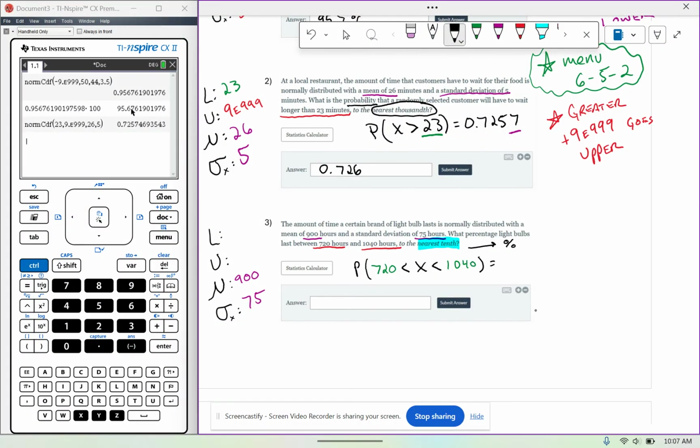That is how it looks as a probability. What's nice about this is, think of the smallest number, the lower number goes in lower, and the bigger number goes in the upper, which is very logical, right? So my 720 goes here, and my 1040 goes here.